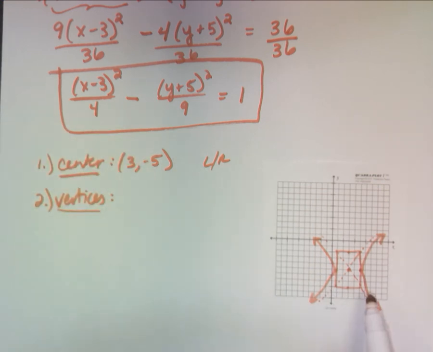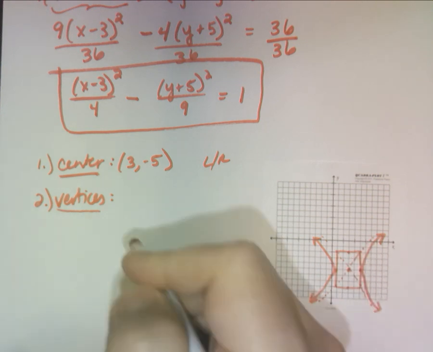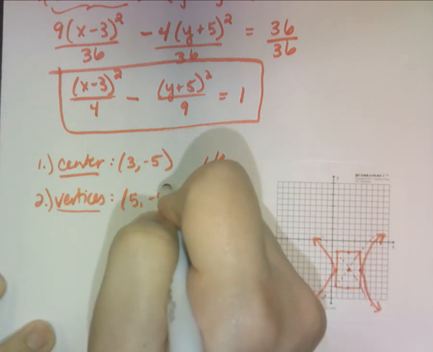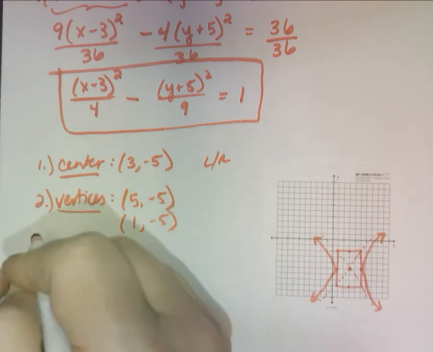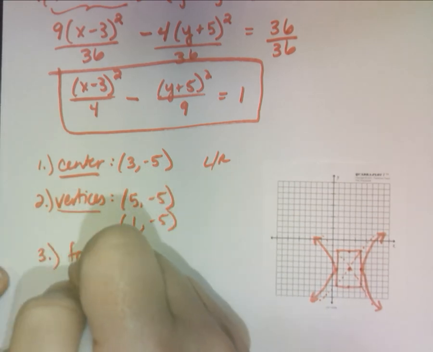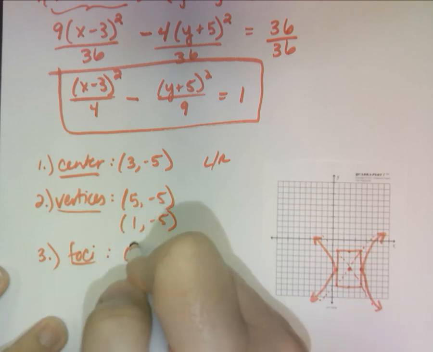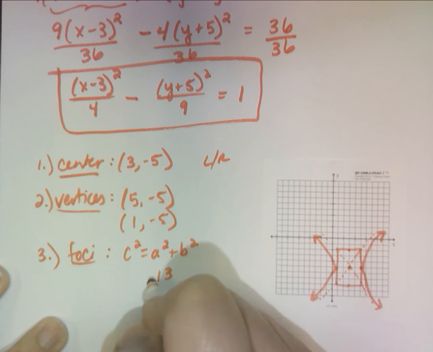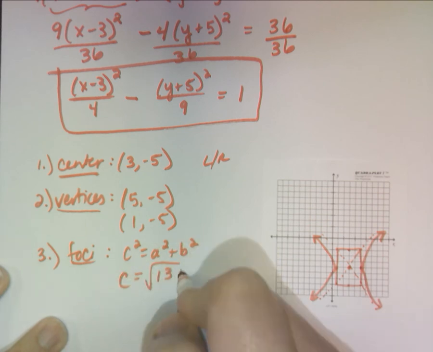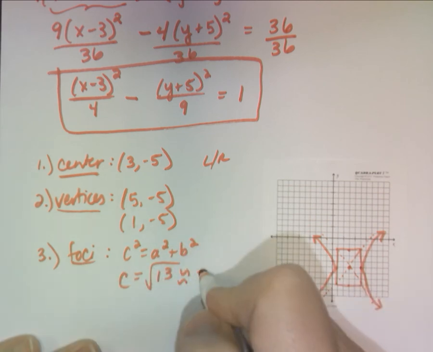So those vertices are at 5, negative 5. And this one is at 1, negative 5. The foci: c squared equals a squared plus b squared. So 4 and 9 is 13. Take the square root of that. It's about 3.6.